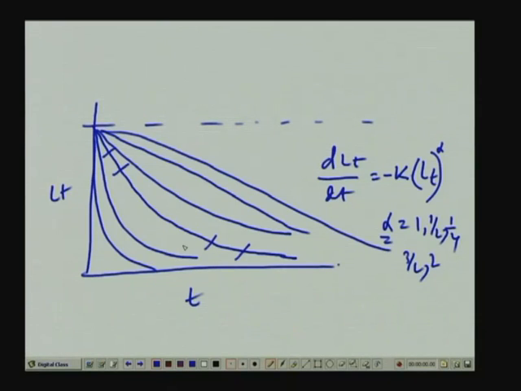Okay. Now, having said so, in such cases what we can think of is LT is equal to L0 e to the power minus k into t.